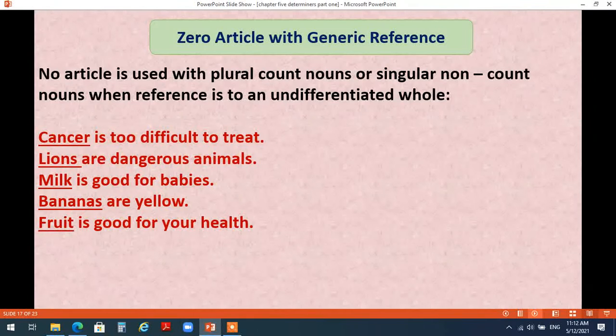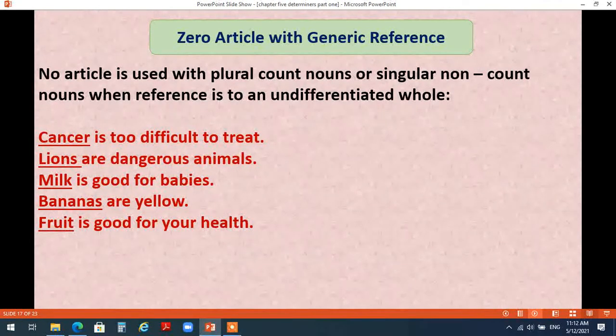Now الحالة الثالثة إنه نستخدم zero article وتكون الإشارة إلى شيء عام. No article is used with plural count nouns or singular non-count nouns when reference is to an undifferentiated whole. إذن لا حاجة إنه نستخدم أي أداة تعريف حين تكون لدينا أسماء معدودة في حالة الجمع أو تكون لدينا أسماء غير معدودة في حالة المفرد حين تكون الإشارة إلى فئة أو وحدة متكاملة غير متجزئة.